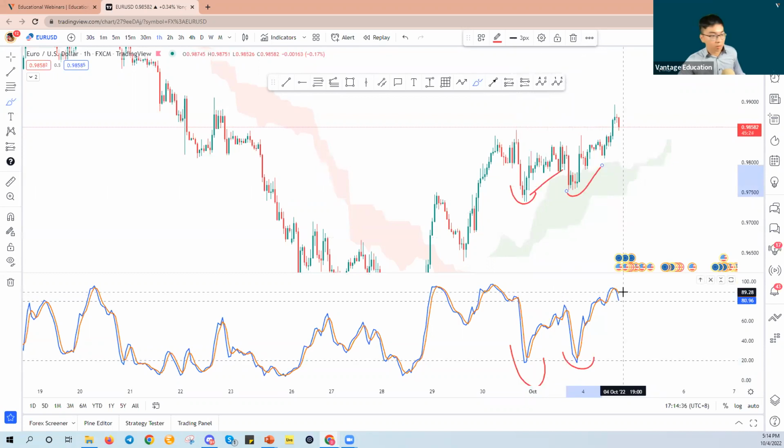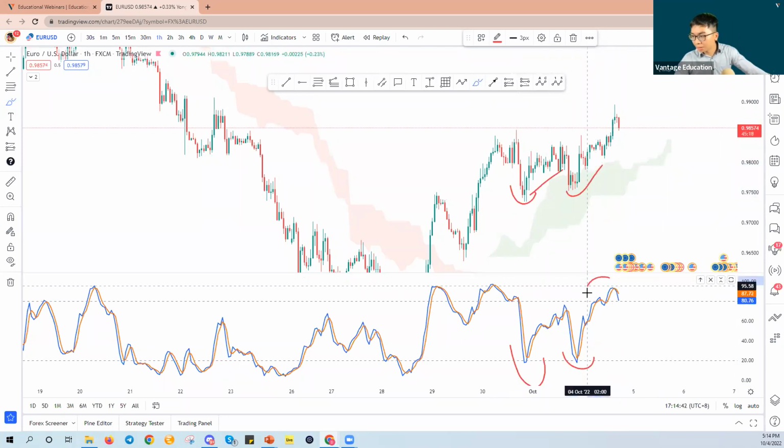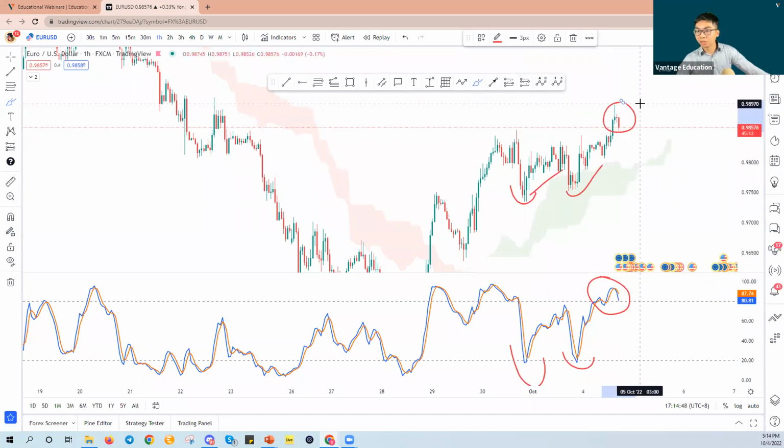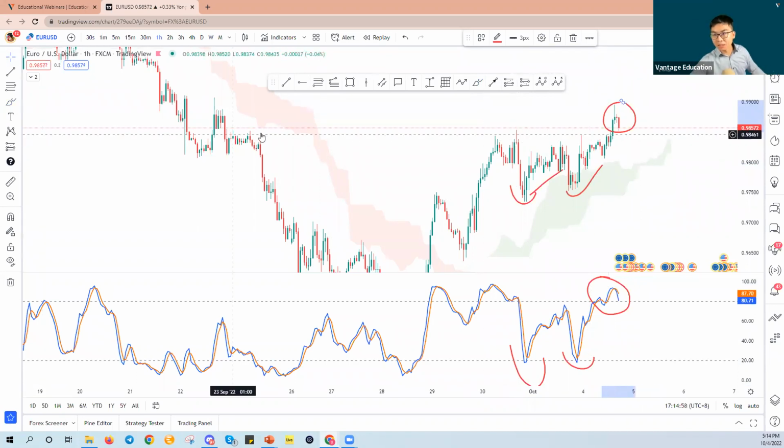But right now, on the hourly chart on the euro dollar, price is currently overbought at this area. But remember, always have some kind of confluence. What do I mean by that?